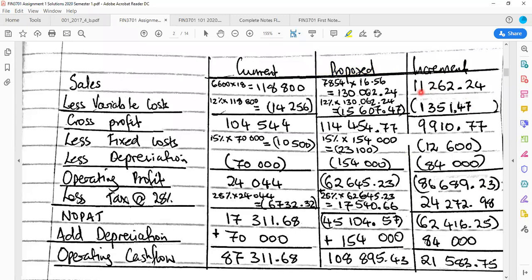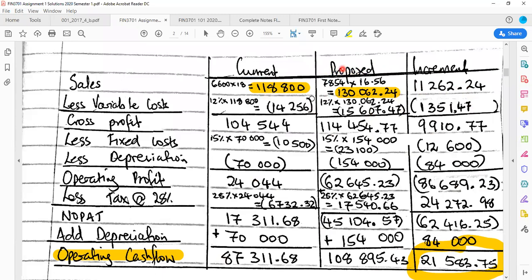The increment is simply everything in the proposed minus everything in the current. It's the increase. What we were asked to calculate is this one right at the bottom, the incremental operating cash flow. So let me take you through this table to show you where everything came from and how I constructed it.